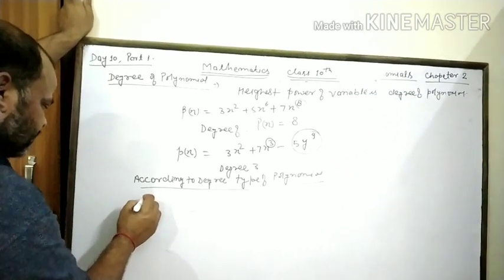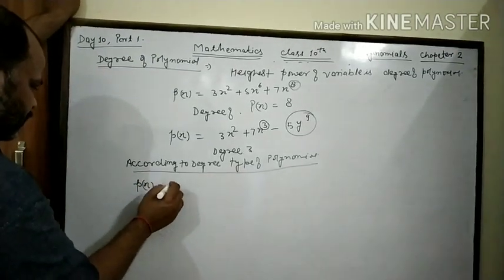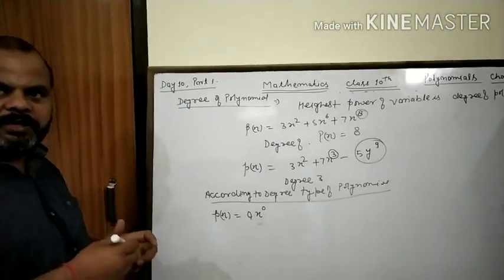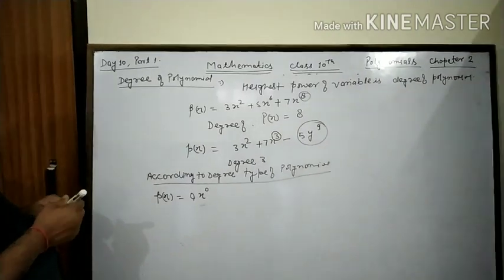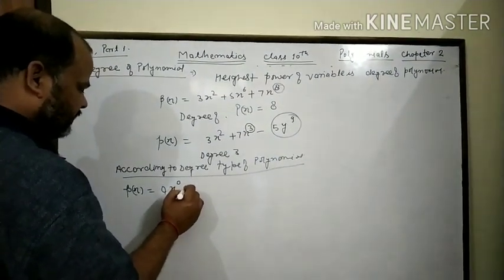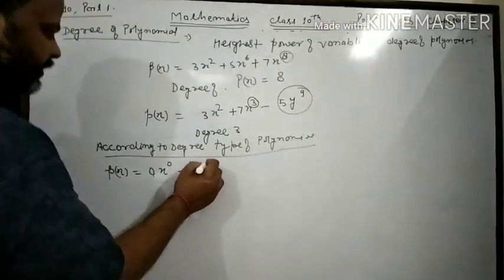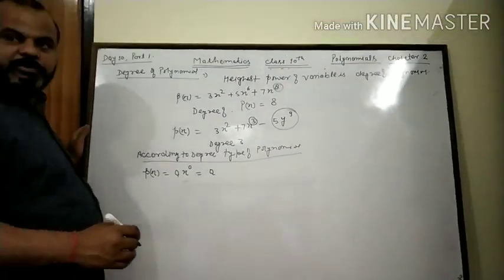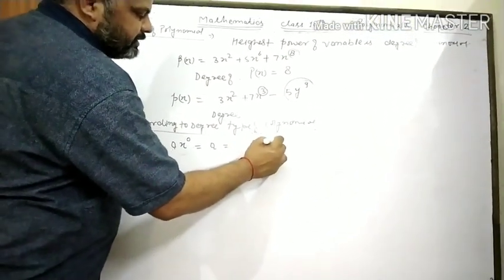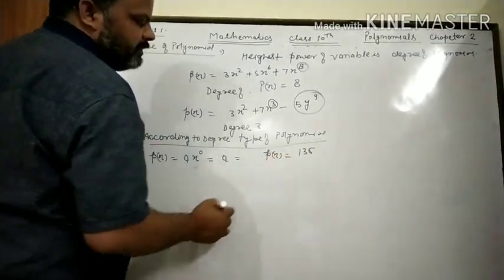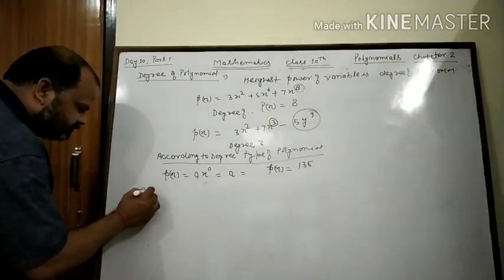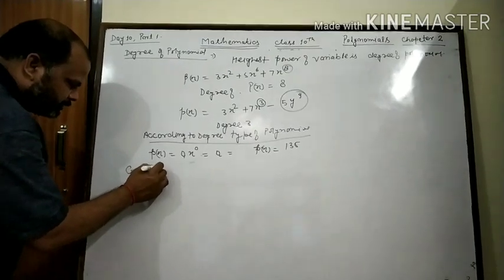Like p(x) = ax to the power 0. Clear? Then it is called a constant polynomial, or it is simply written p(x) = a, or simply p(x) = 135. It is called the constant polynomial.